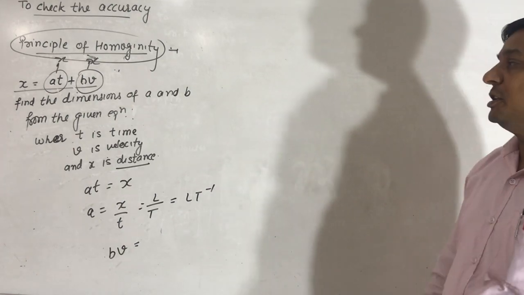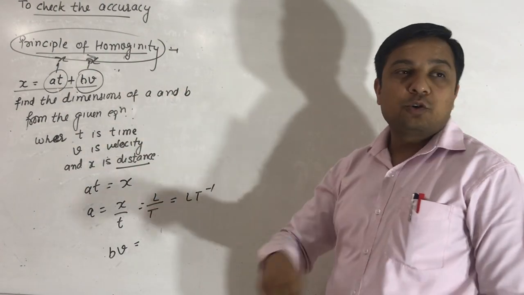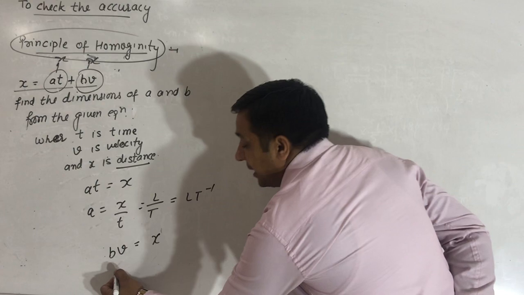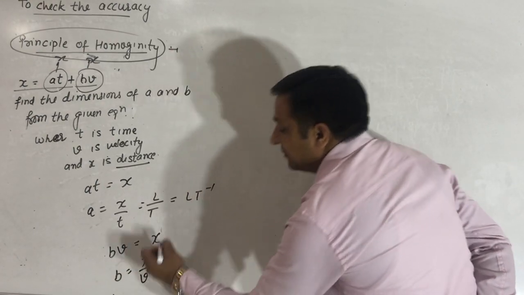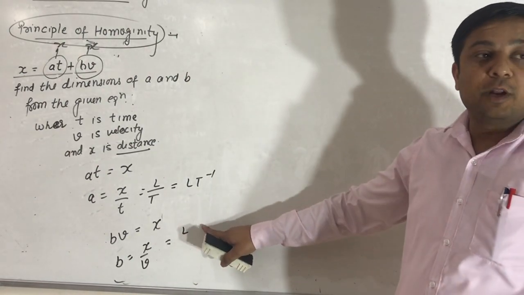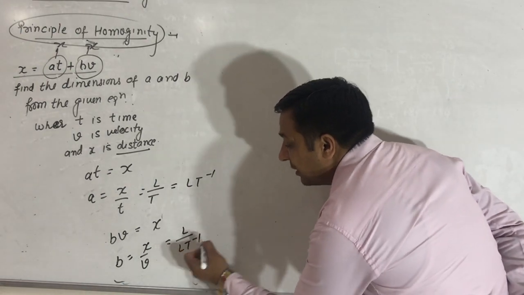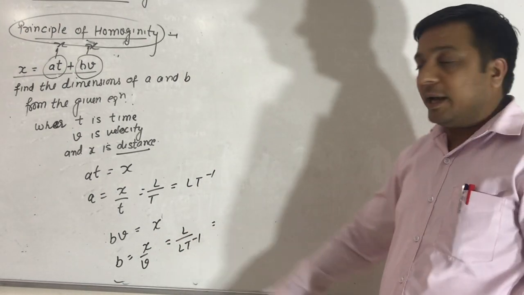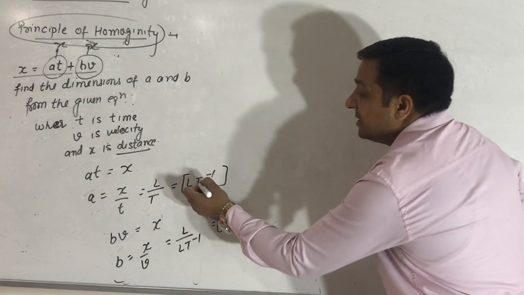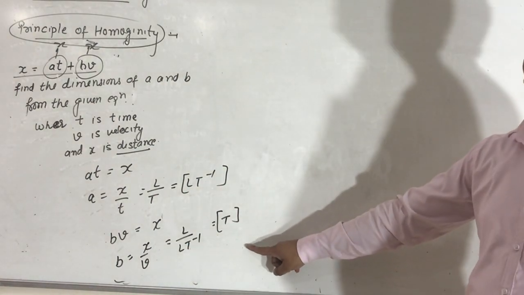According to the principle of homogeneity, Bv is also equal to x, and B is equal to x by v. For distance the dimensional formula is L, and velocity is LT minus 1, so L cancels from L, and that is T. So the dimensions of A are LT minus 1, and the dimensions of B are just T.